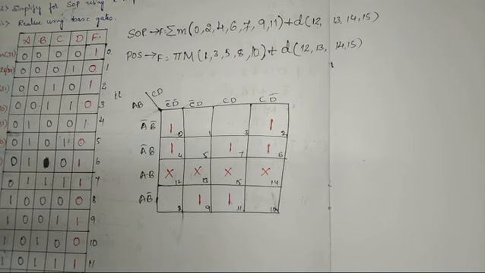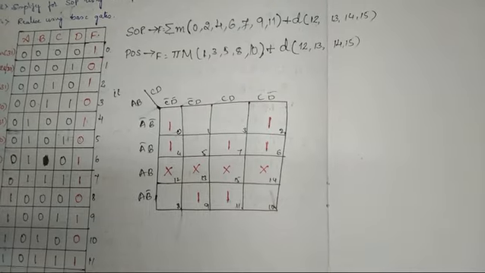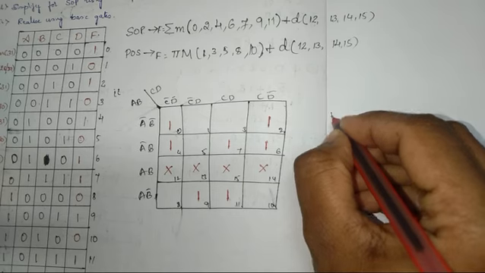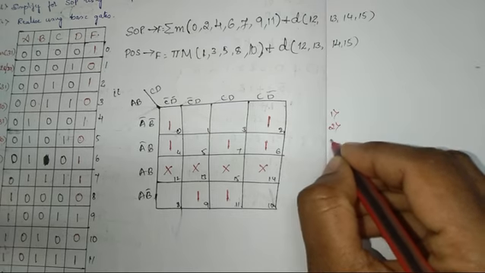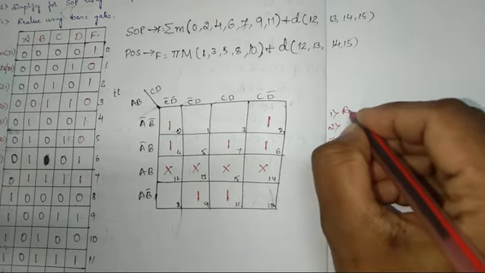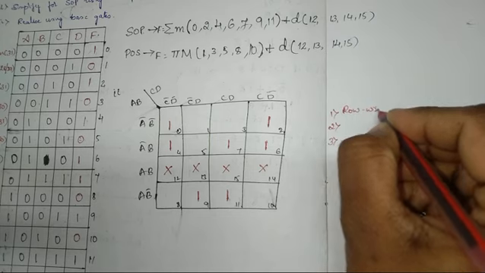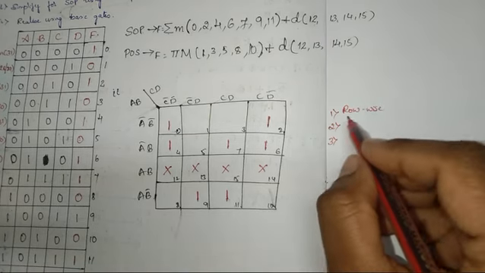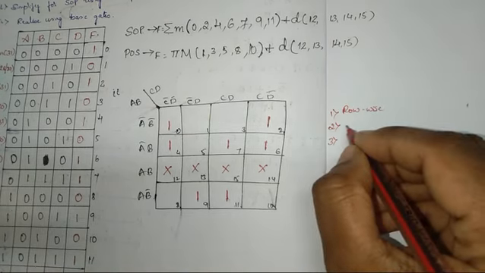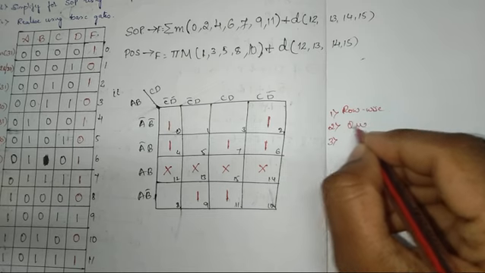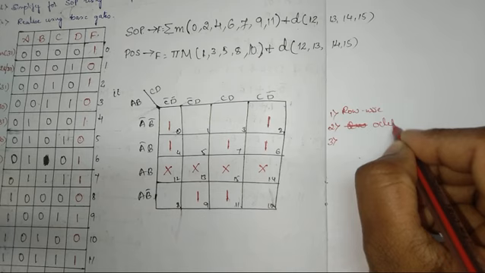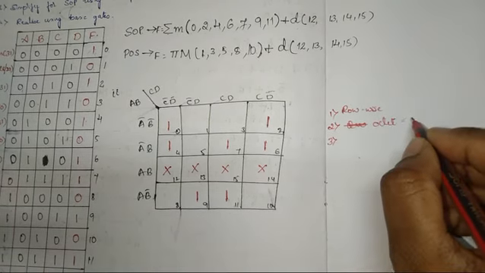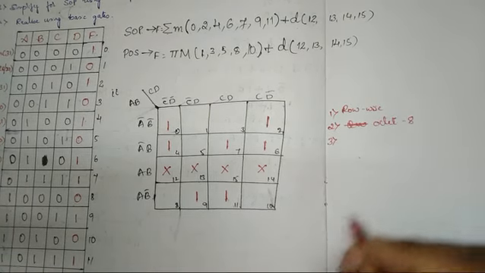Now we have to do the grouping. Okay, while grouping we have to follow the 3 rules. First one is we always go for row wise while grouping. While making a group row wise, first we always look for an octet. Octet has 8 adjacent ones.